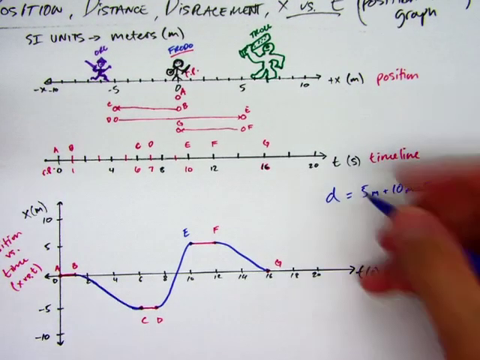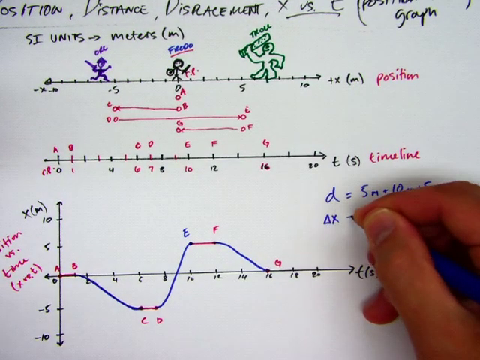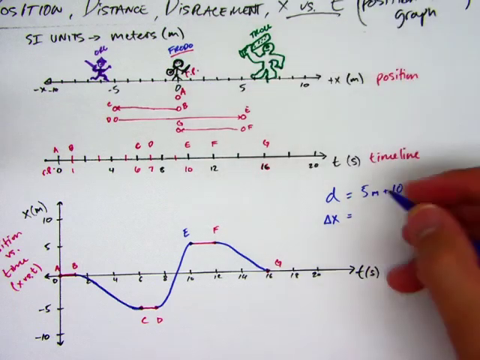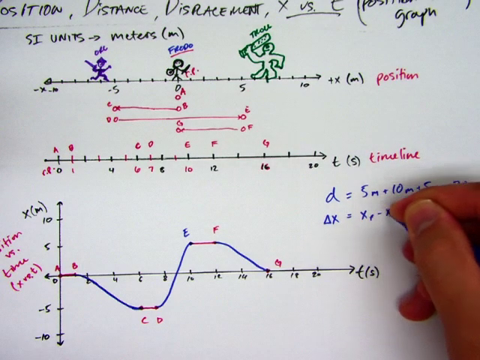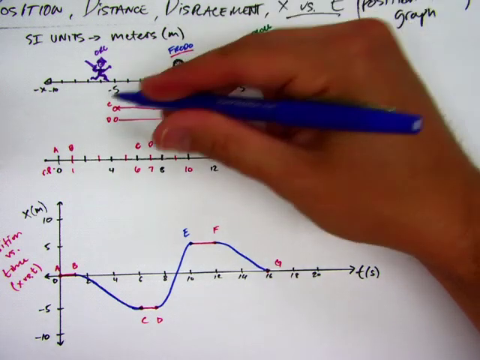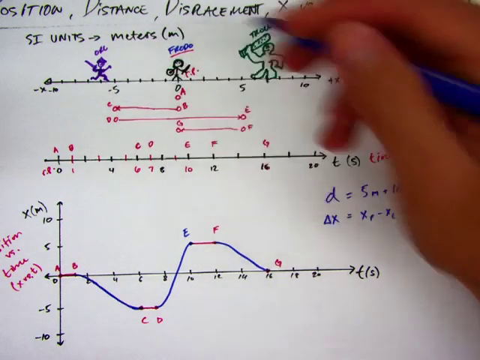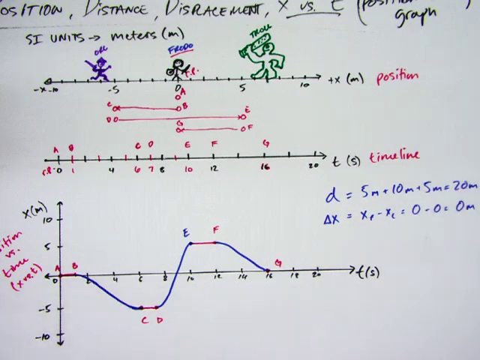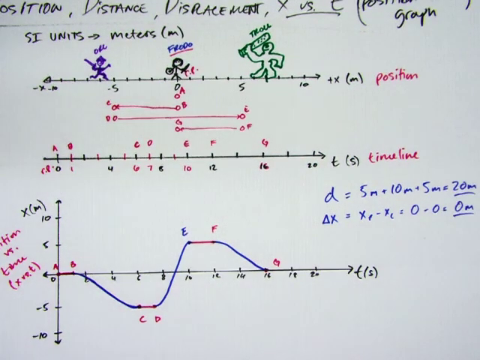What was his displacement throughout his trip? Well, delta x means where did he start and where did he finish? Final minus initial. He started at position 0, went down, forward, and back, and ended at 0. So his overall displacement during this trip was 0 meters.